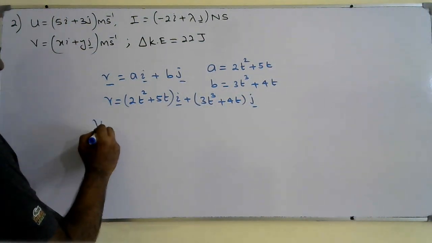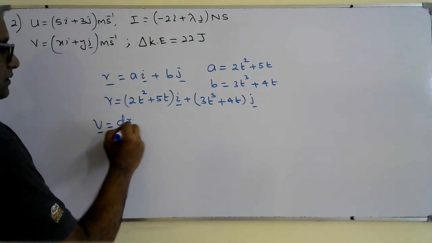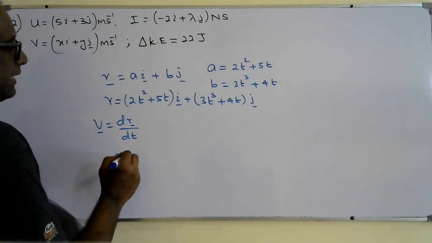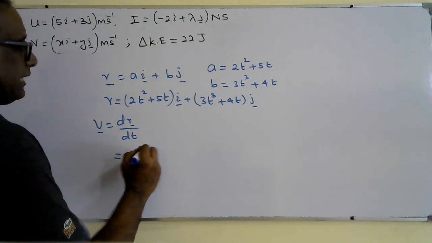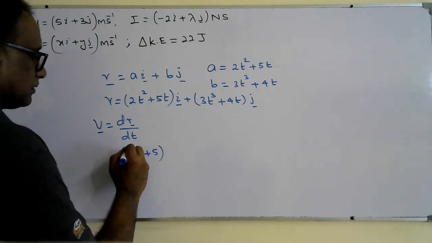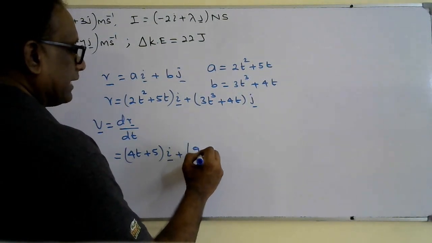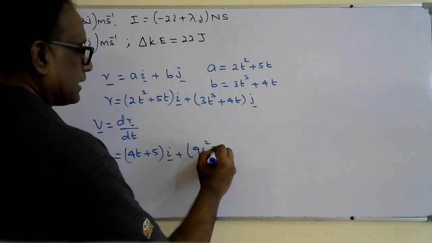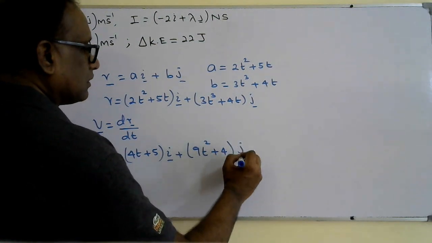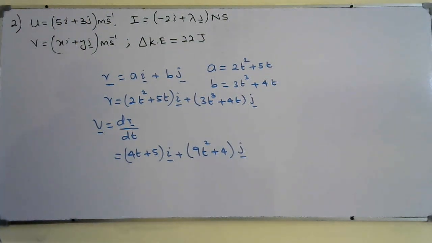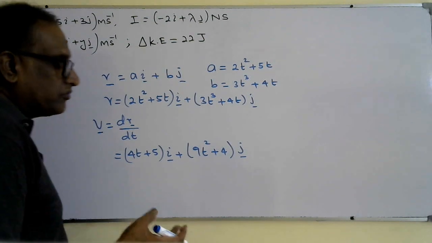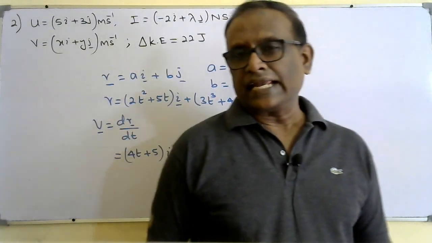So the velocity is given by dr over dt. Then that will be (4t plus 5) i plus (9t squared plus 4) j. That's the velocity vector.